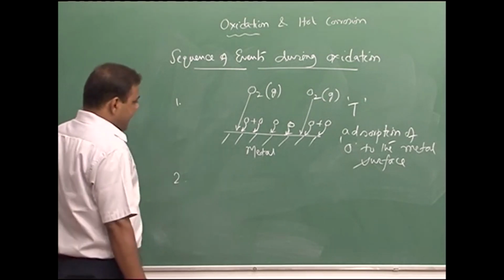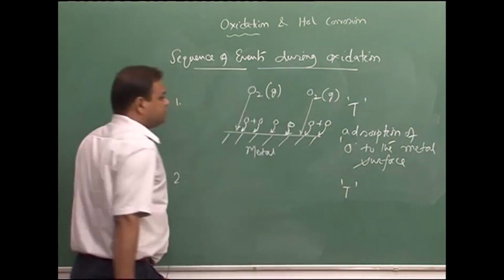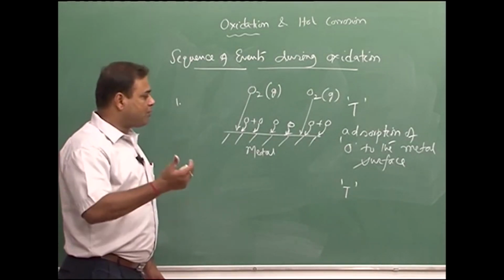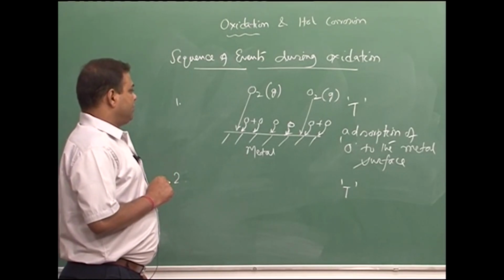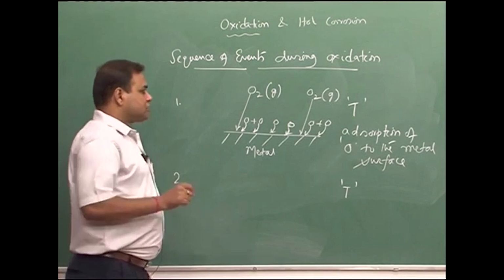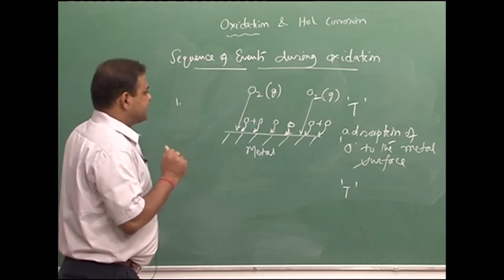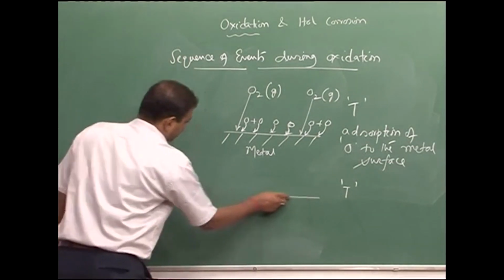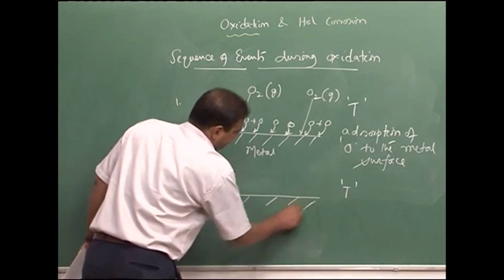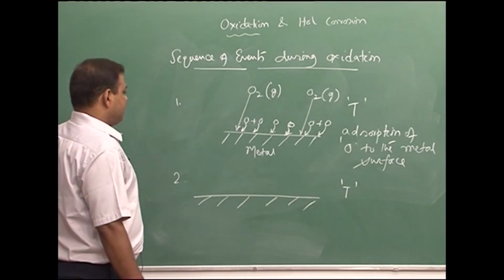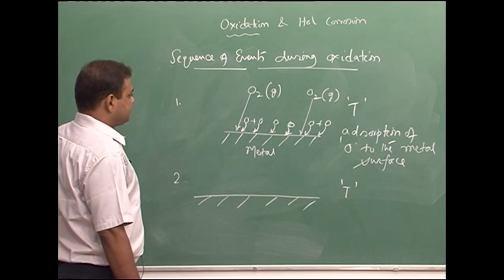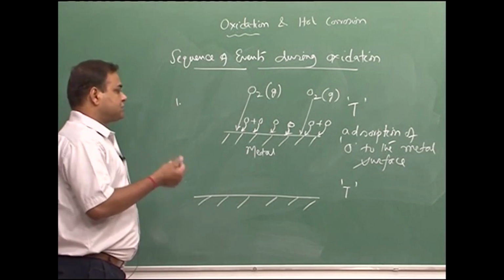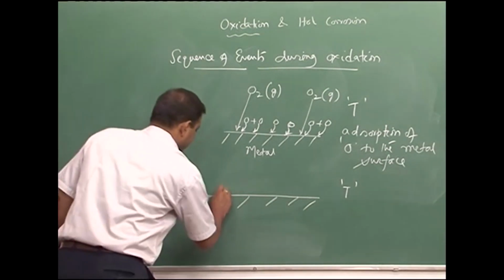At the temperature T, depending upon the thermodynamic ability of that metal to get oxidized and to form oxides, because of the reaction between oxygen and metal, if that is satisfied, then oxide can form on the metal surface. So, after adsorption of oxygen, once the thermodynamic condition is reached, which will enable that metal to react with the oxygen and form oxide on the metal surface.